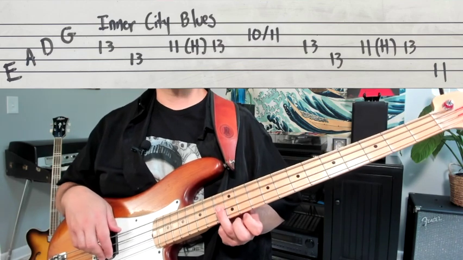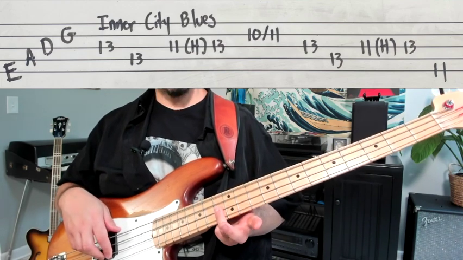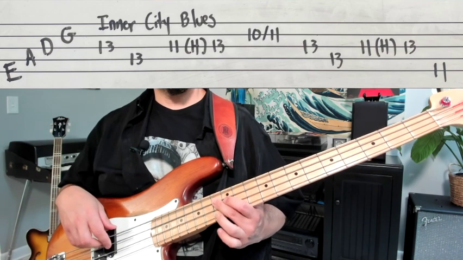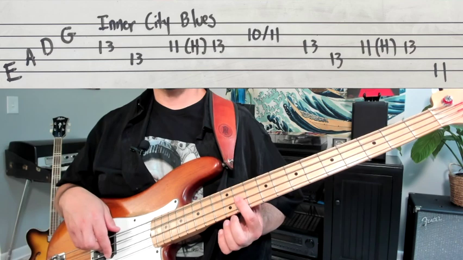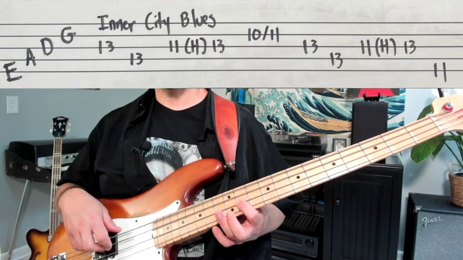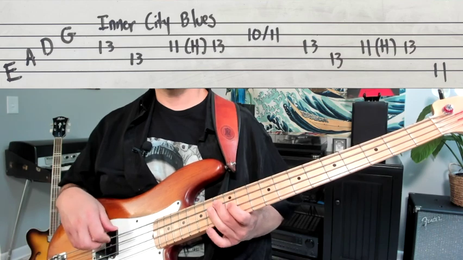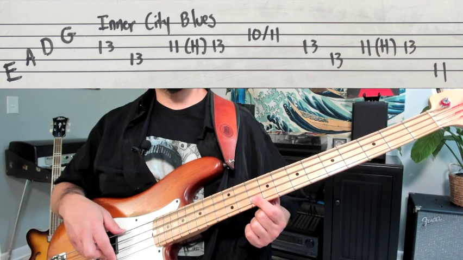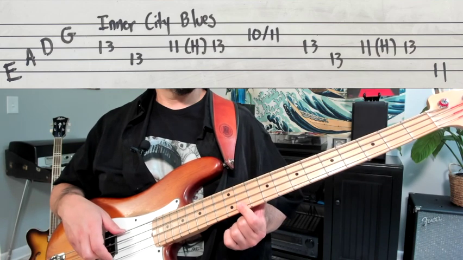So here is, I'm on the 13th fret of the D string, then 13 on A. I'm going to hammer on between 11 and 13 on the D. So, and now here's our good friend the slide, 10 to 11 on the G string.